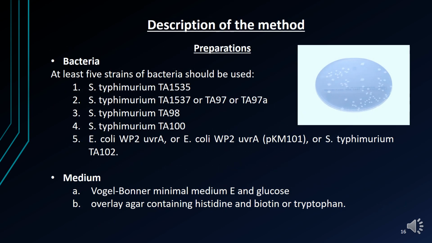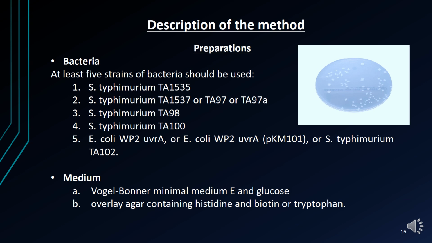The description of the method. First, we have to consider the preparation. There is a specific requirement that we select at least five strains of bacteria for this test. Some examples of the strains are Salmonella typhimurium test strain 1535, then Salmonella typhimurium test strain 1537, and test strains 97, 97A, 98 and 100.